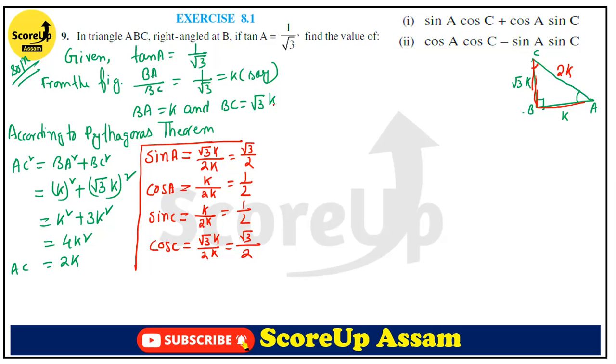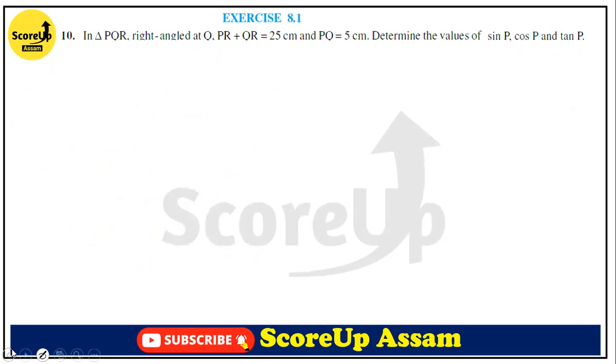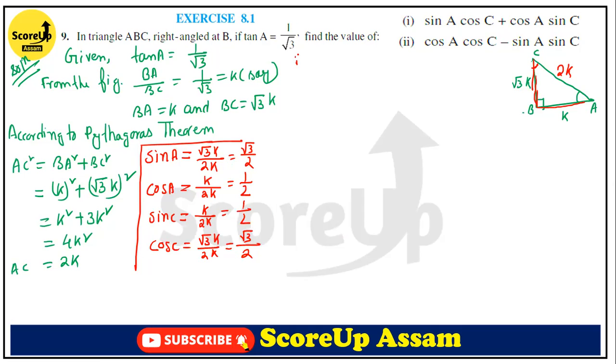Now let's move on to question number 1. This question is sin A cos C plus cos A sin C. The value of sin A is root 3 by 2, value of cos C is root 3 by 2, value of cos A is 1 by 2, value of sin C is 1 by 2.